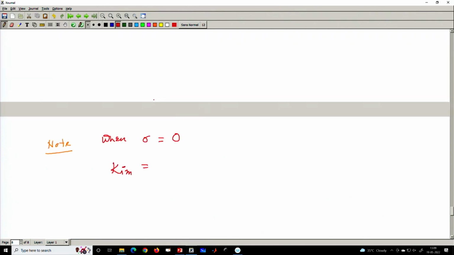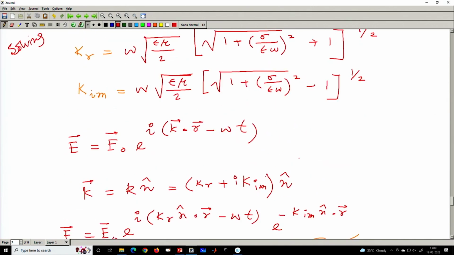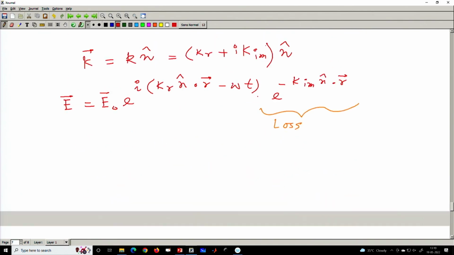So, let us note these facts. When sigma is 0, then k imaginary, if I go back to the equation here and put sigma equal to 0, you can see that k imaginary simply vanishes.